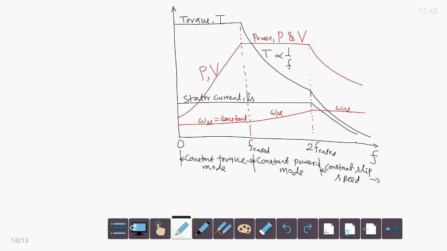So, in this figure 5, the modes of operation, that is constant power mode, constant torque mode and constant slip speed mode are shown, and variations of torque, power, voltage, stator current IS, omega SL with frequency are shown.